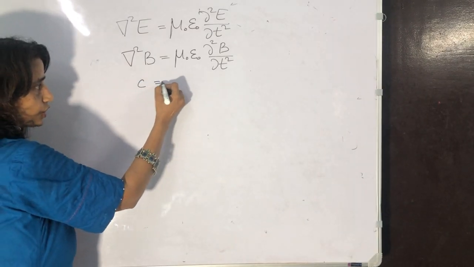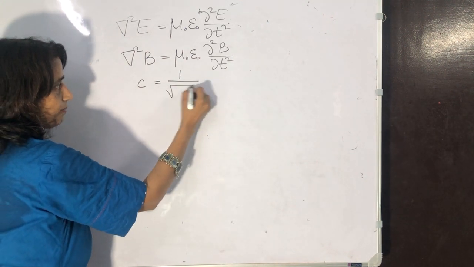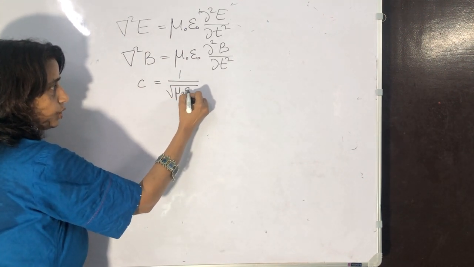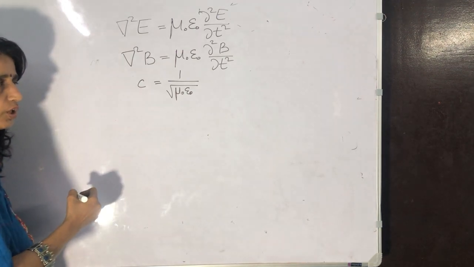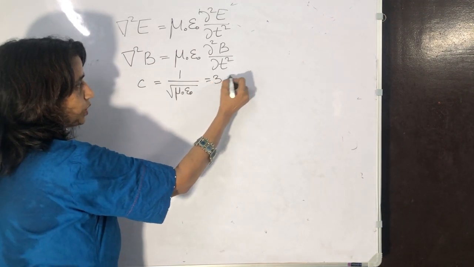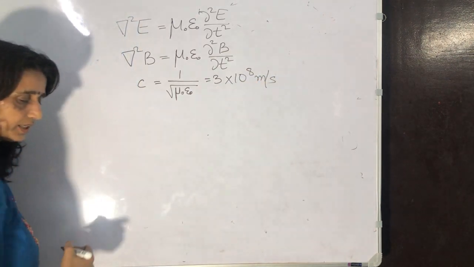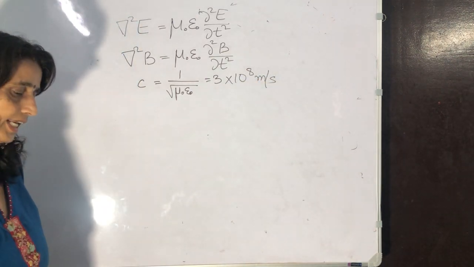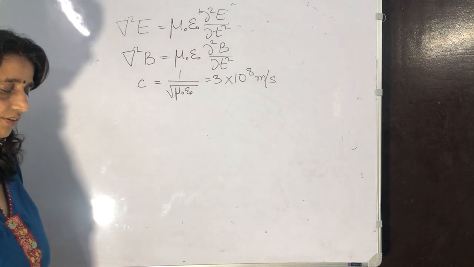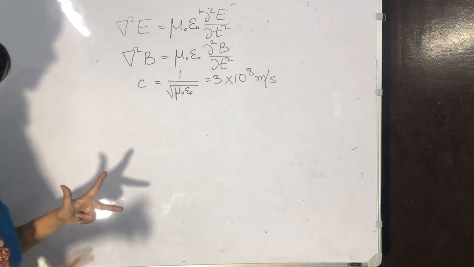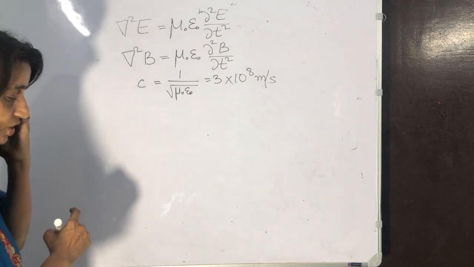Also, the velocity of light is given by C equal to 1 upon the square root of mu naught epsilon naught, which is equal to 3 into 10 to the power of 8 meter per second. Then the electric and magnetic field vectors are perpendicular to each other, and they are perpendicular to the velocity of light.